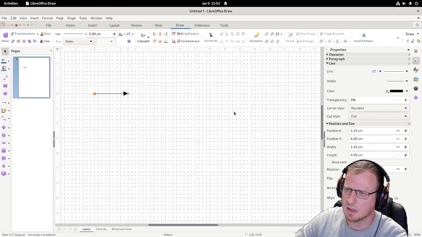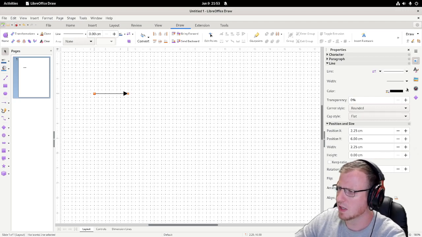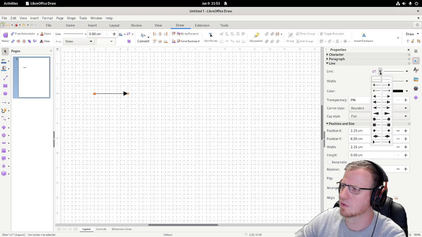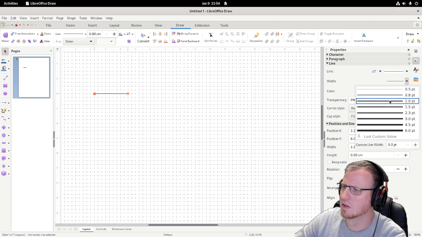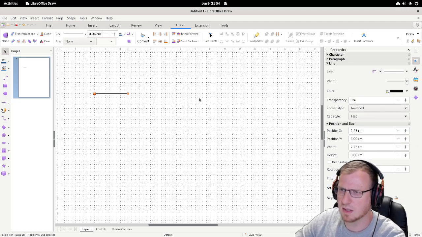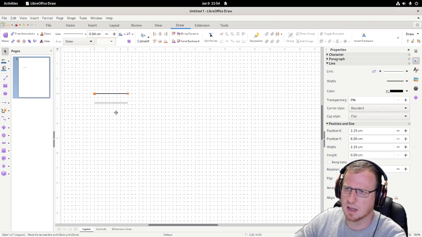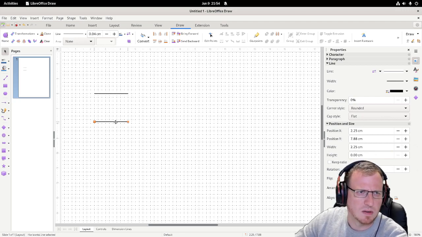So we have a transmission line. I have to relearn LibreOffice Draw.